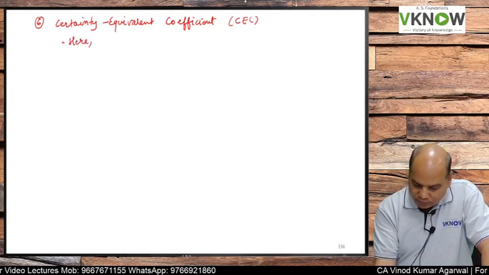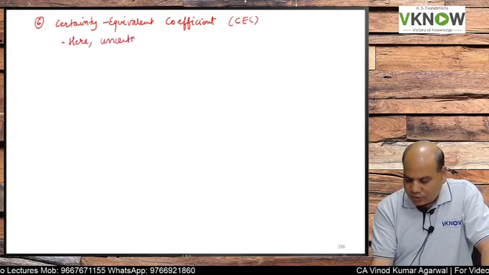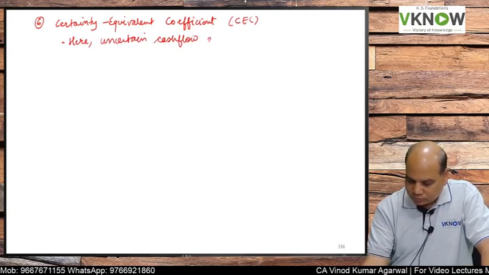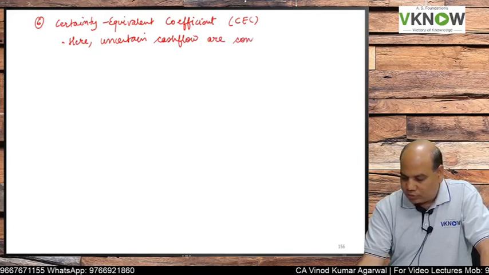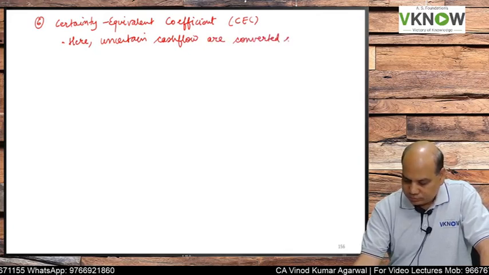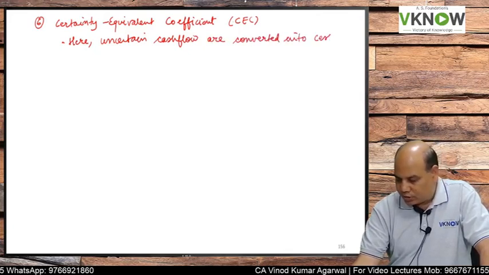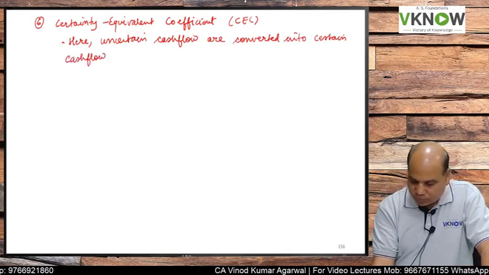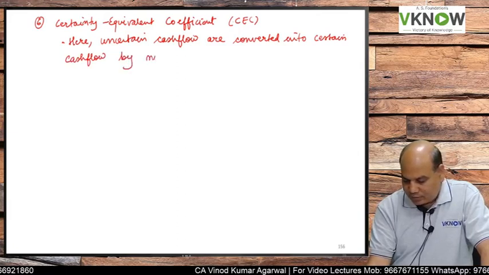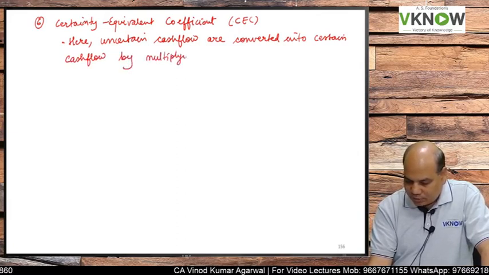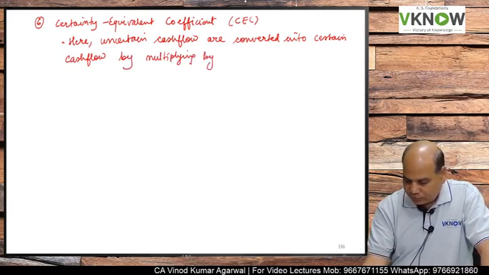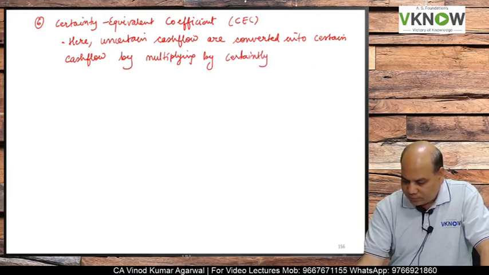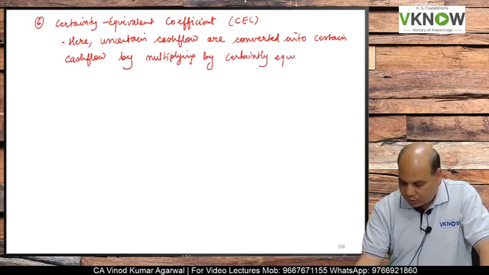Here, uncertain cash flows are converted into certain cash flows by multiplying by certainty equivalent. Please write.